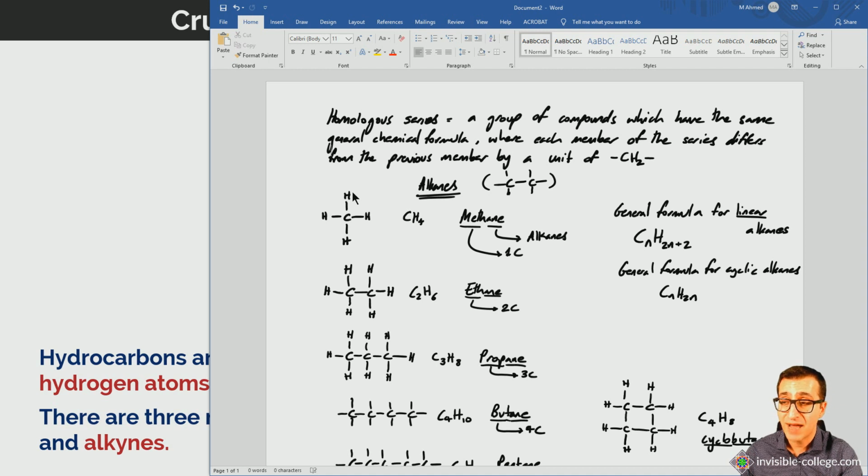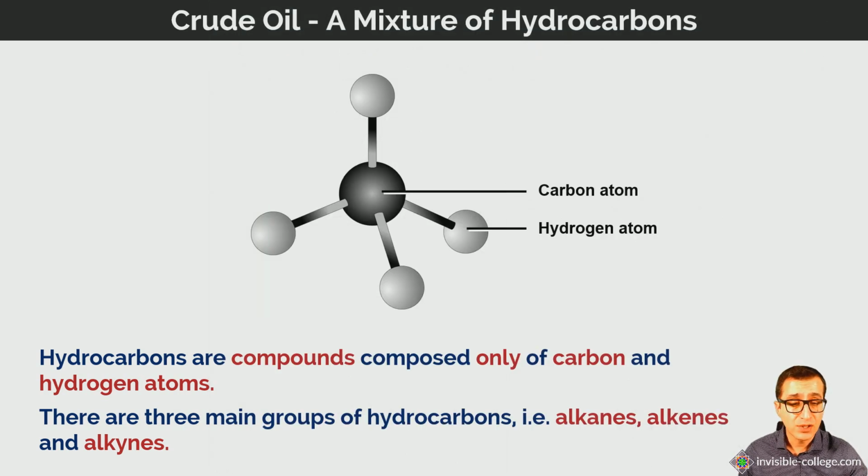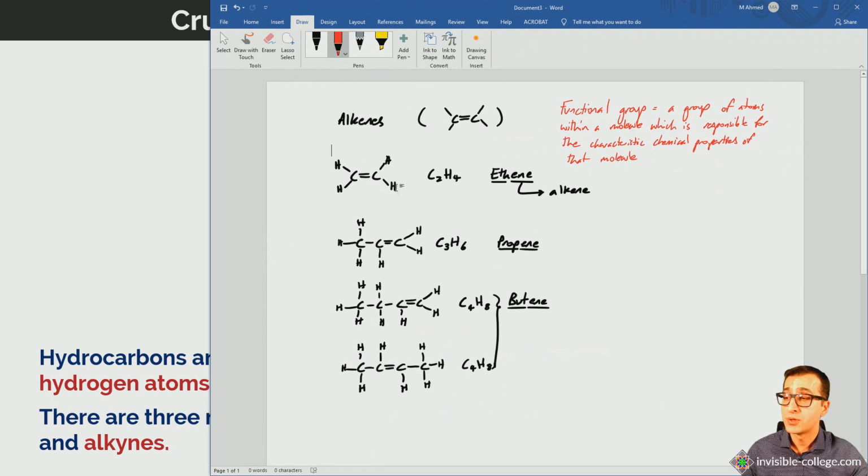This is the arrangement of atoms and the bonding between them that distinguishes alkanes from others and gives them their chemical properties. When alkanes chemically react, typically it's because of the breaking of the carbon-to-carbon bond. Now, alkenes, on the other hand, are given their characteristic chemical properties by the presence of a carbon-to-carbon double bond. So in this case, the functional group is the carbon-to-carbon double bond.